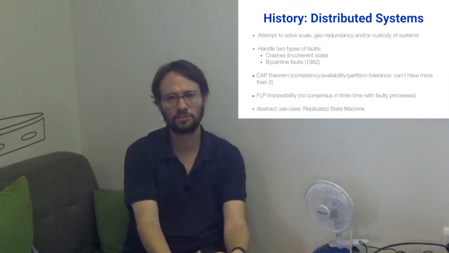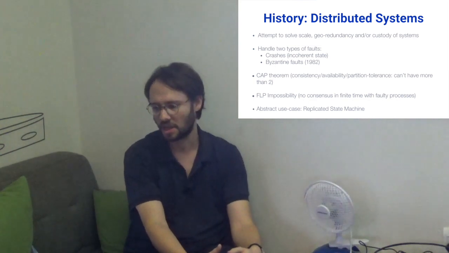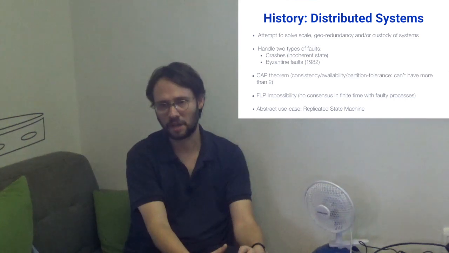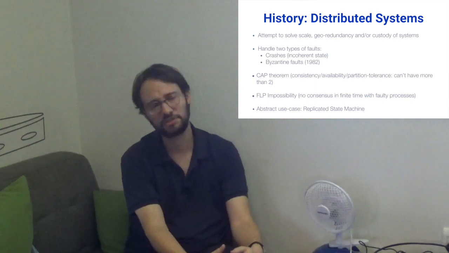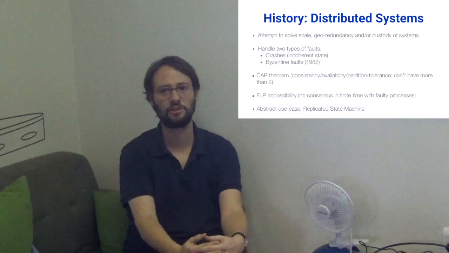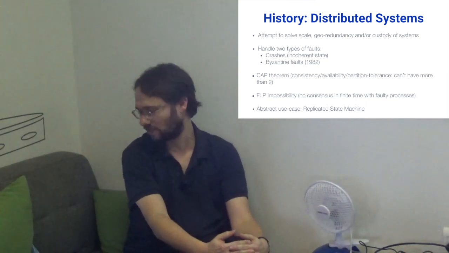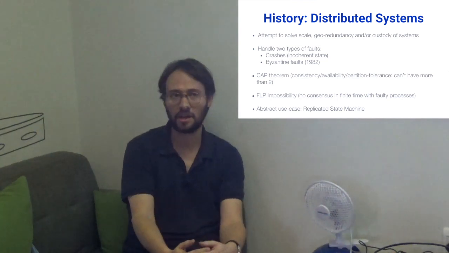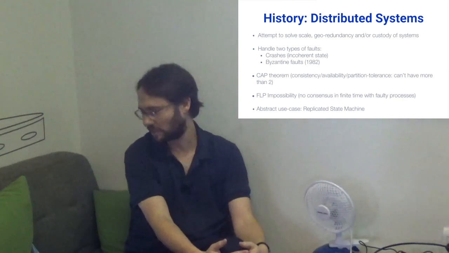So the whole subject of consensus over distributed systems was researched throughout the 80s and 90s. Two of the most interesting outcomes of this research are the CAP theorem that says that on a distributed system, when you're trying to reach consensus, you can have consistency, which means that every computer on the system knows of the same state.